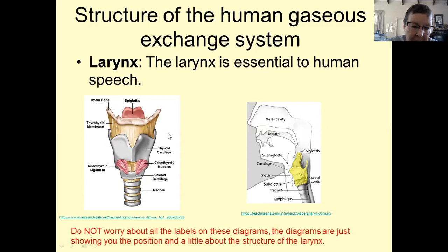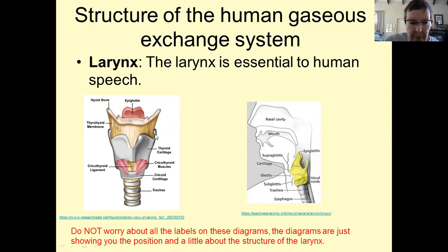Remember that the larynx is the Adam's apple, so it's what one feels vibrating here when a person talks or hums or whatever. And the larynx contains the vocal cords, so they're essential for sound.